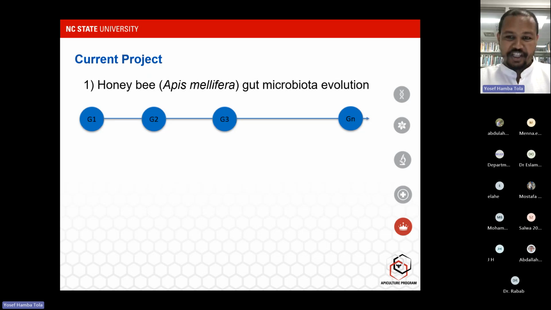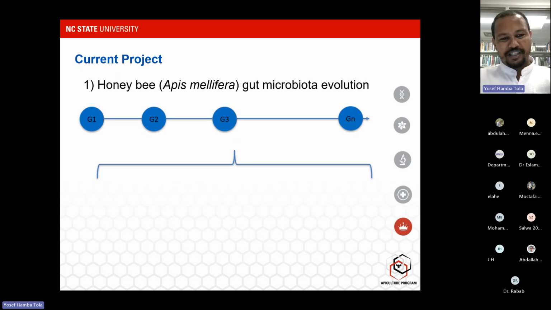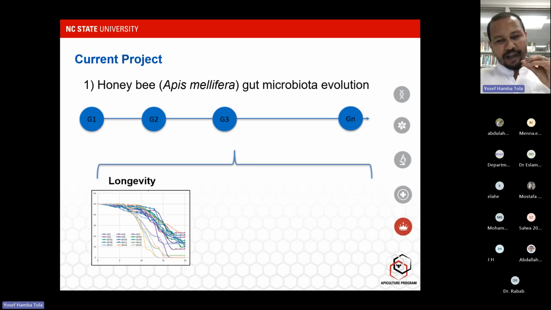So far, I've done six generations of evolution, where one evolution takes 20 to 30 days or more. For each evolution, I analyze how the microbes influence host survival across generation one, generation two, generation three.